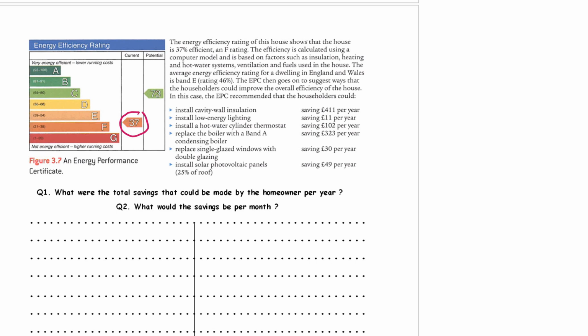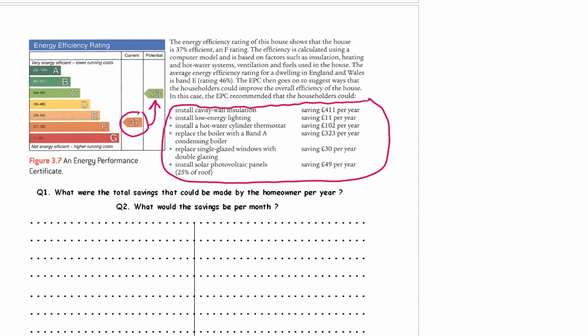That's no good. With adding in all of these options, for example, double glazing, low energy lighting, I've done that, cavity wall insulation, you could increase the efficiency of your house up to 73, a C grade house, not quite A, but a C grade.